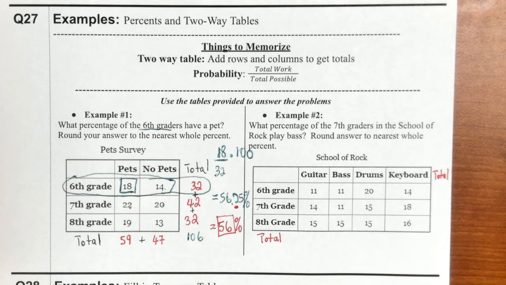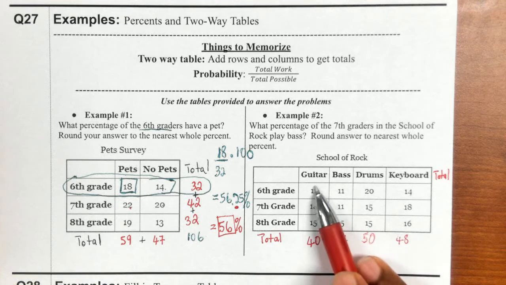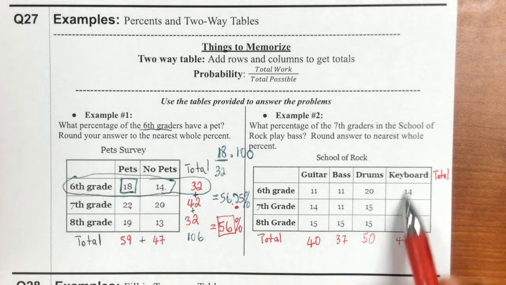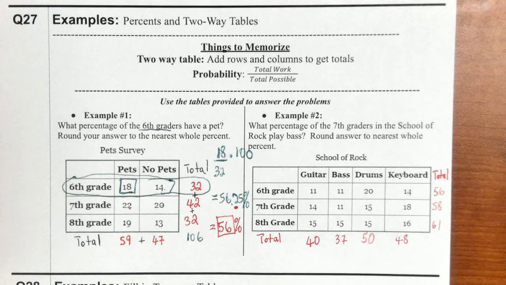I'm going to pause the video while I do. This will be the total for guitar, bass, drums, and keyboard. Now let's find the total 6th, 7th, and 8th grade. We had 56 6th graders, 58 7th graders, and 61 8th graders.